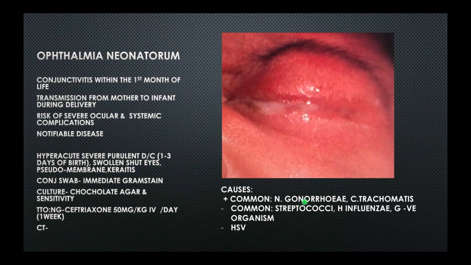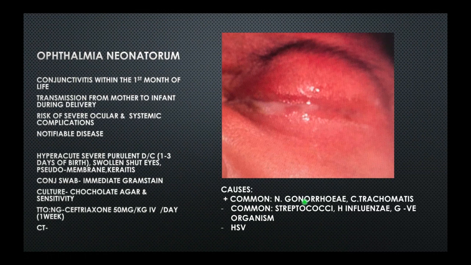So what actually happens is during the delivery, when the baby passes through the birth canal, the baby can get the infected secretions from the mother into the eye, and that predisposes the child to then develop that conjunctivitis in the first few days of life.